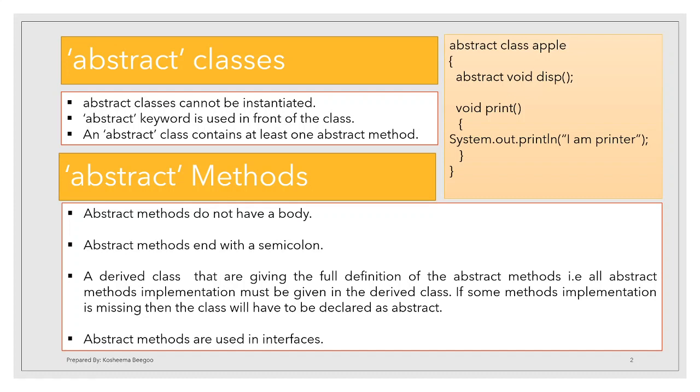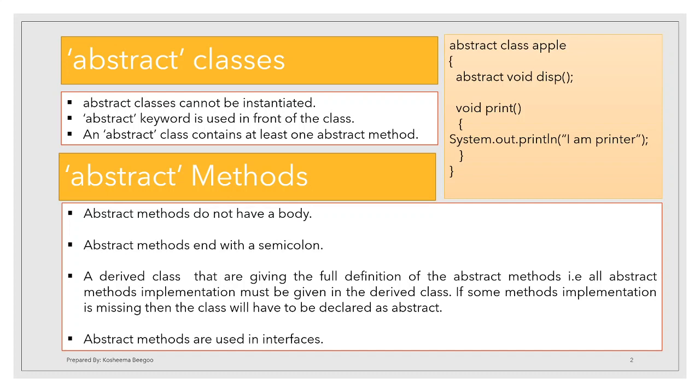Abstract methods do not have a body. We have seen here that an abstract method ends with a semicolon. A derived class gives the full definition of abstract methods. As I said, another class will extend the abstract class, where all the definitions of the methods have to be found.